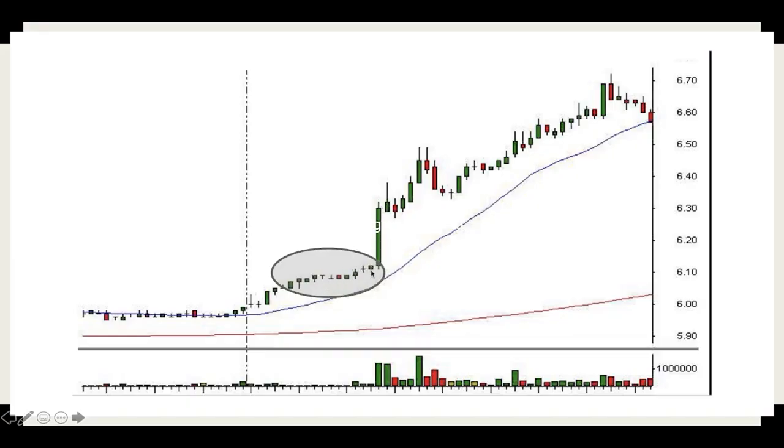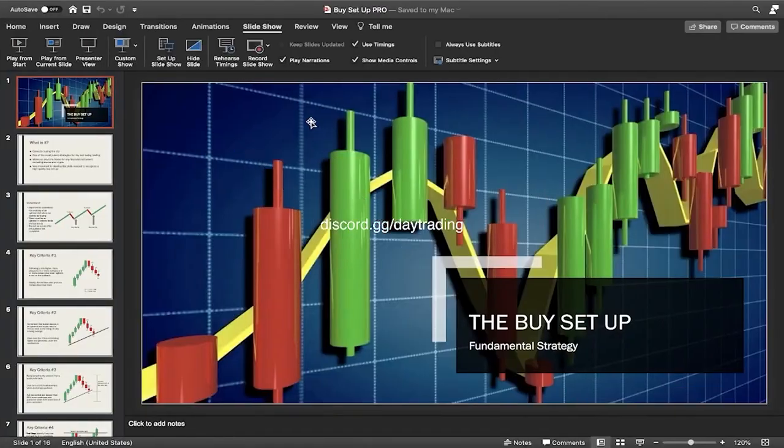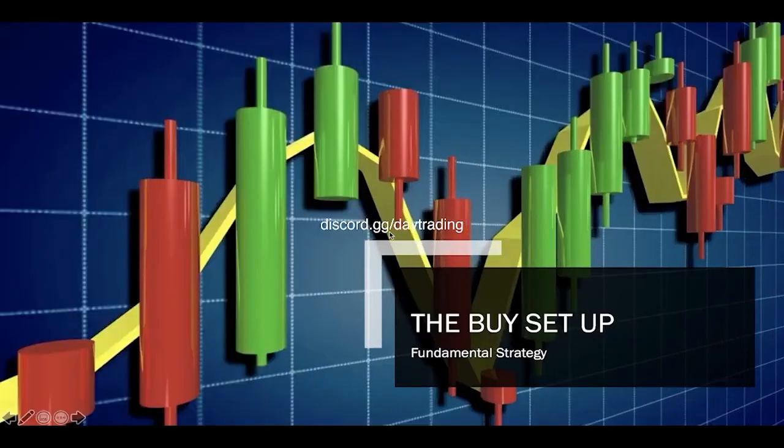So our entry would be over the highs, stop loss would be under the lows, okay? Hopefully that makes sense. So those are just some examples of it. And later in the course, we're going to be looking at some charts and actually pinpointing different breakouts, different buy setups, and also looking at the other patterns that we're going to be talking about. So let's go into the buy setup.